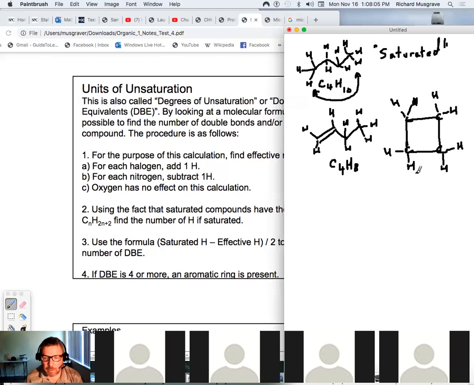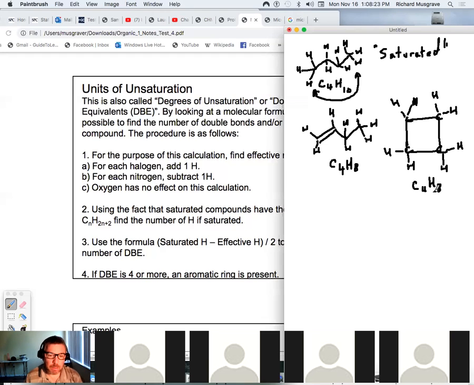And you can see that would have the same formula, C4H8. So what's the bottom line here? If you know what it is when it's saturated, for every double bond or ring you have, you lose 2 hydrogens. So that's it. That's what units of unsaturation is about.